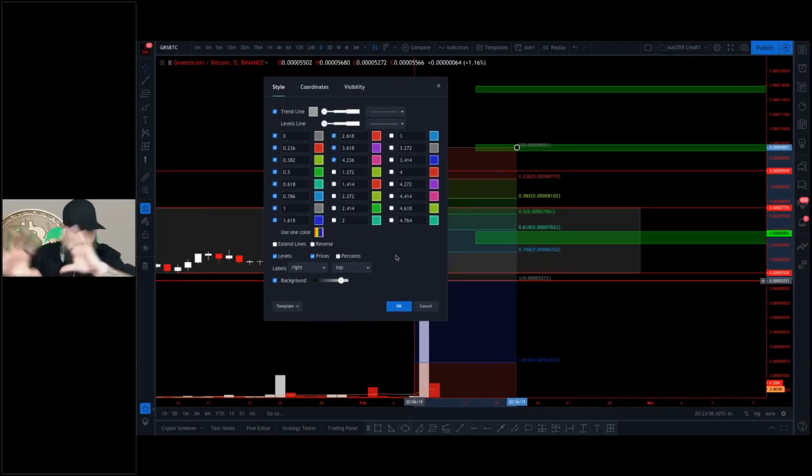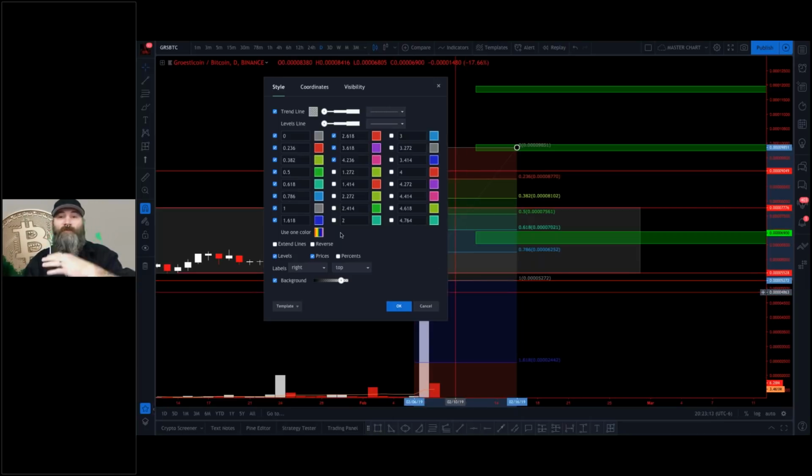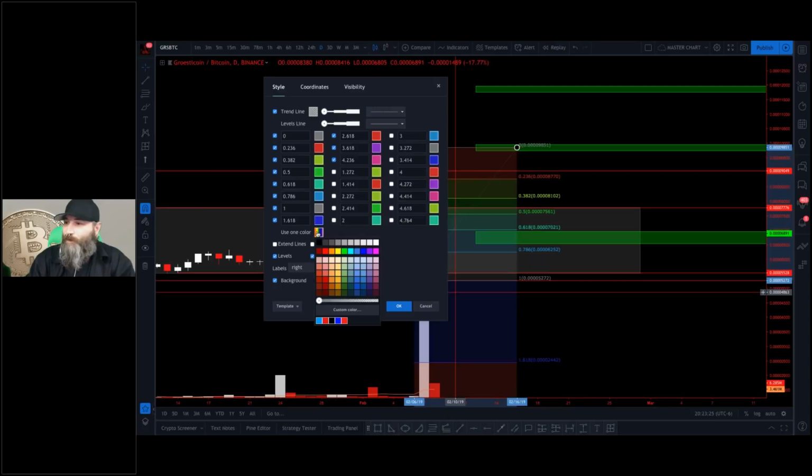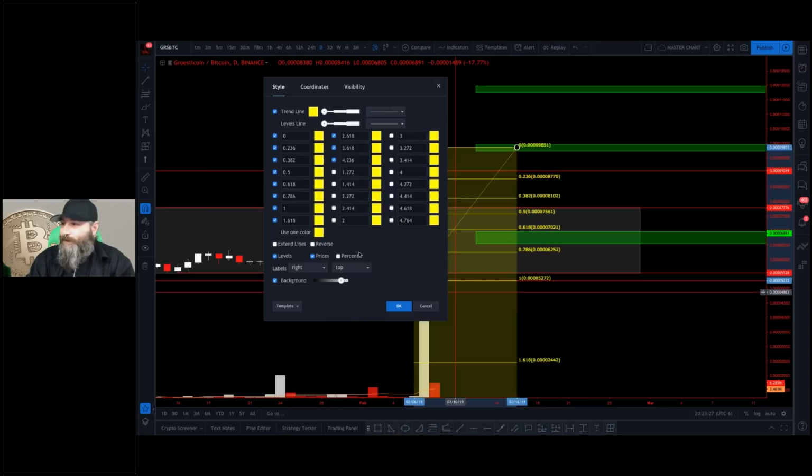Now, you see all the options. Don't get confused. It's fine. Stick with default for now. If you're brand new to Fibs, stick with the default for now. Add them as you need and remove them as you don't need. Okay? You could very easily change these all to one color. Let's say I only want to look at yellow.